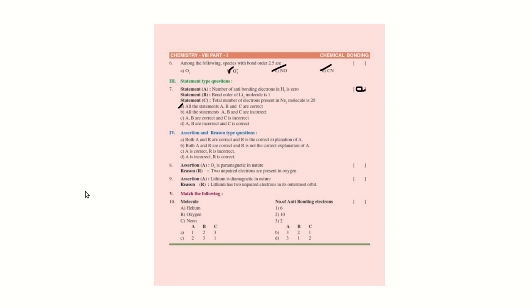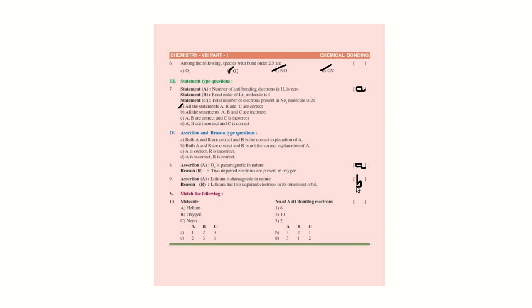Assertion A: O2 is paramagnetic in nature. True. Reason: two unpaired electrons are present in oxygen. True. So both are true and it's the correct explanation also. So option A. And the ninth one: lithium is diamagnetic in nature. That is true. Lithium has two unpaired electrons in its outermost orbit. That is also true but not the correct explanation.